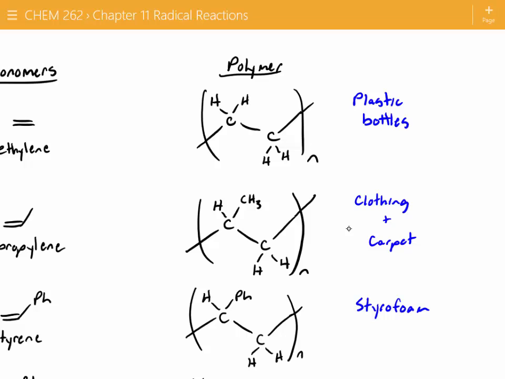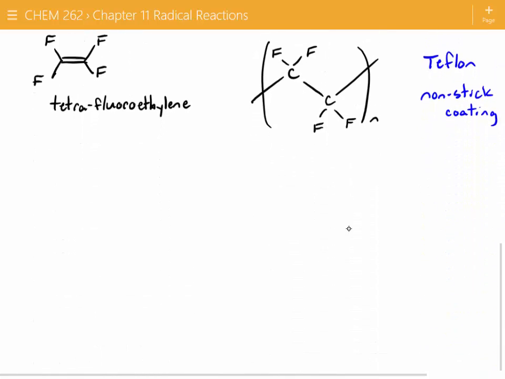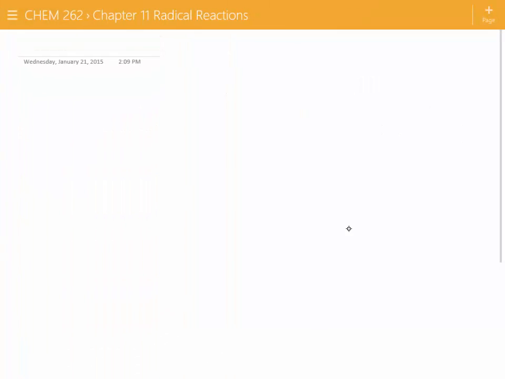All right, so let's take a look at how this reaction works because it's an interesting mechanism. I'm going to switch to a new page here. So the first step is always going to be our initiation.